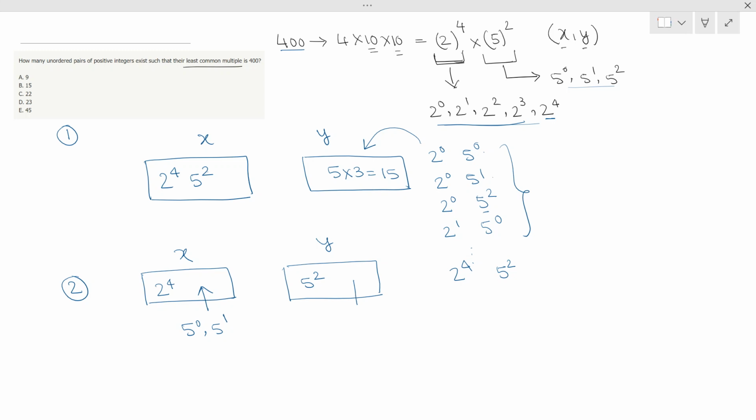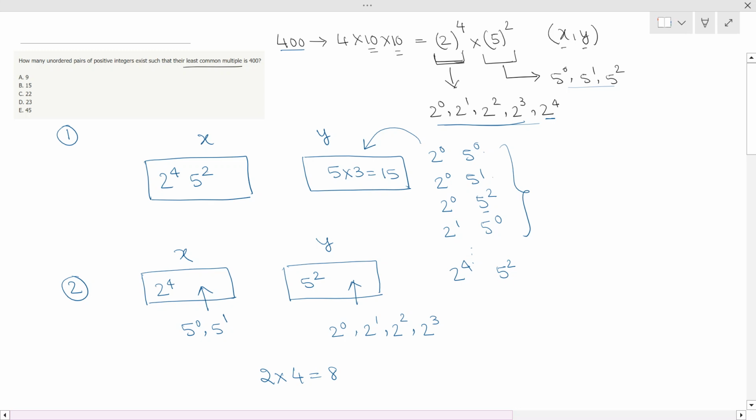So for y, we can have 2 raised to the power of 0, 2 raised to the power of 1, 2 raised to the power of 2, and 2 raised to the power of 3. So the number of possible values in case 2 is 2 into 4, which is equal to 8.